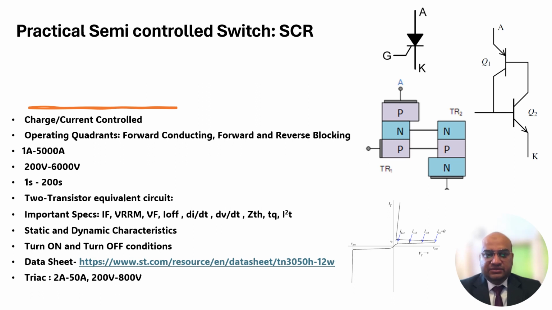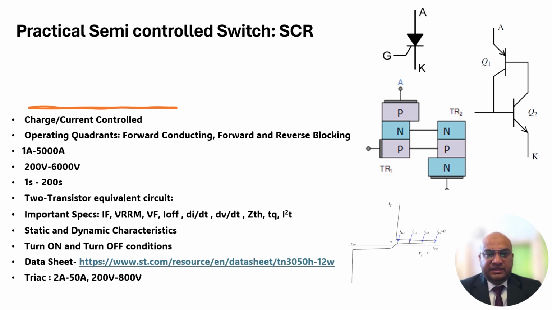So basically it is used for high power application devices. Important specifications to be considered while choosing are forward current and forward voltage, di by dt, dv by dt, I square t. Also while choosing, we need to observe the static and dynamic characteristics of this device.